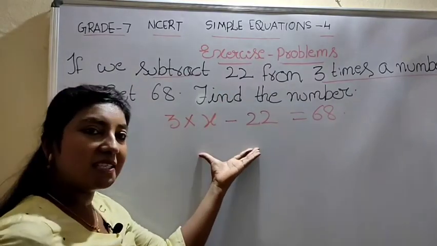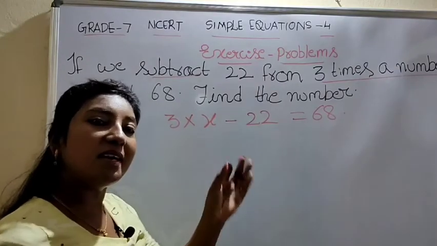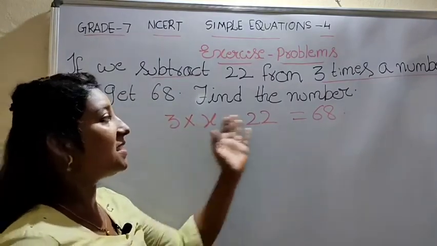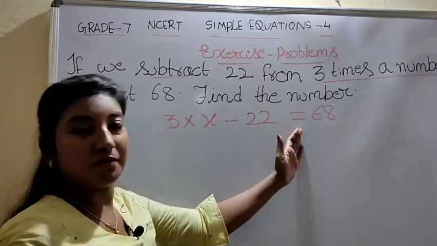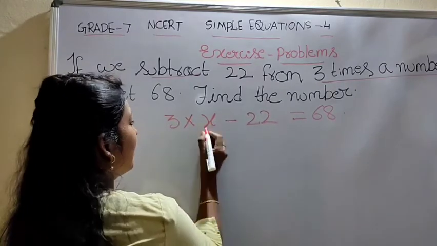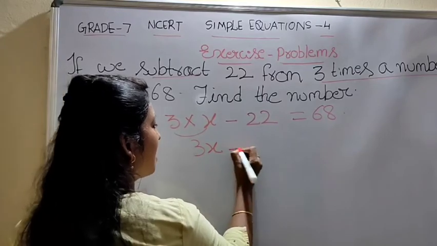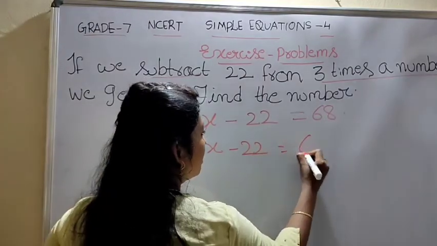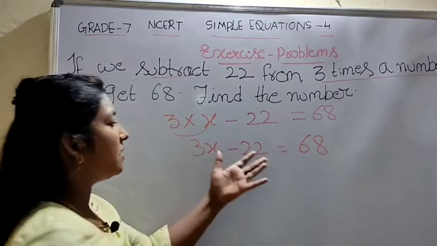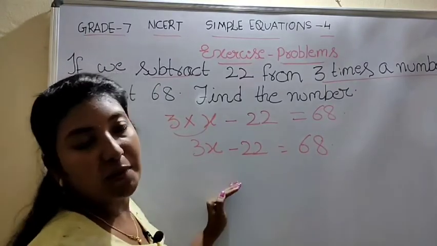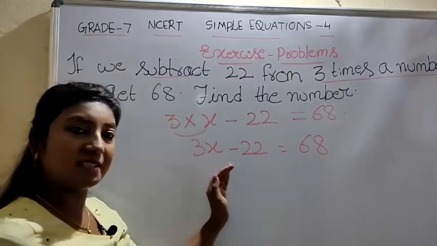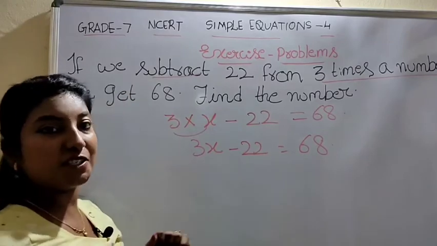If we write it as an equation, it will be easy for you to solve. Writing an equation is a tricky process. Now let us start. 3 into x gives 3x minus 22, which is 68. So you can solve this in any method. So I am solving this in the transposing method, which is easy for us to do.